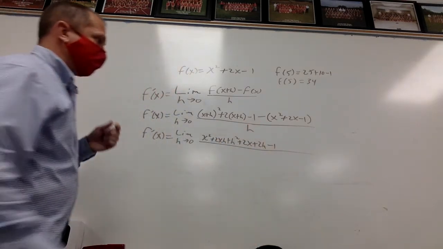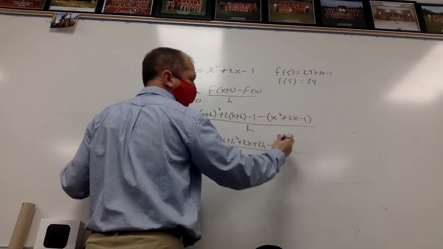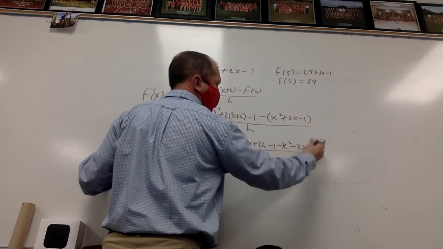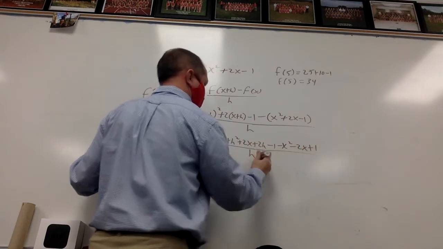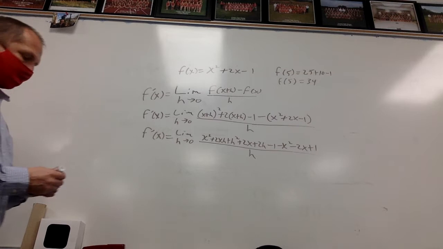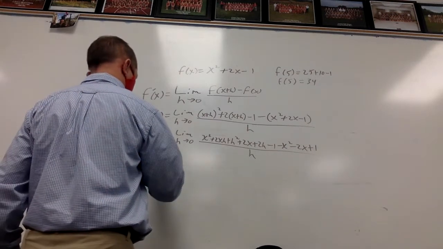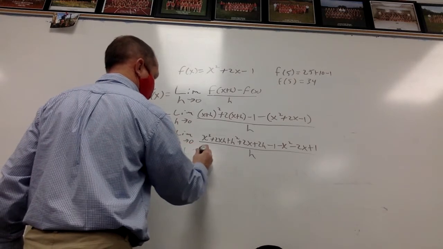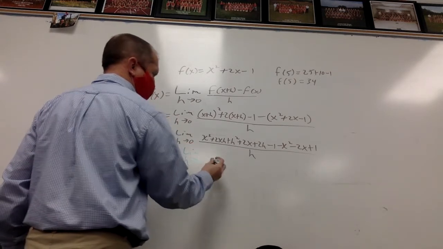And now I'm going to distribute the negative into this, so it's minus x squared minus 2x and plus 1, and again it's all over h. So f prime of x is going to be the limit as h approaches 0 of.